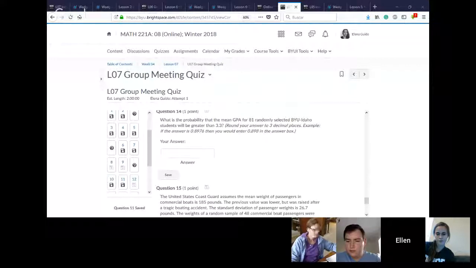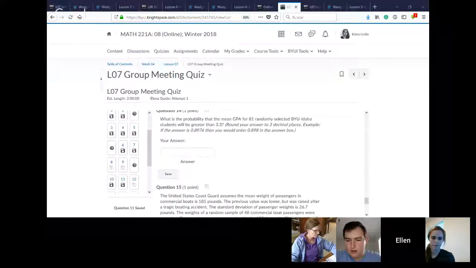Yeah, so for like 13, since we have a sample size of 81, you can plug that into the formula that uses the square root of the sample size. So it would be like 3.3 minus 3.5 divided by the standard deviation, 0.7 divided by the square root of 81.